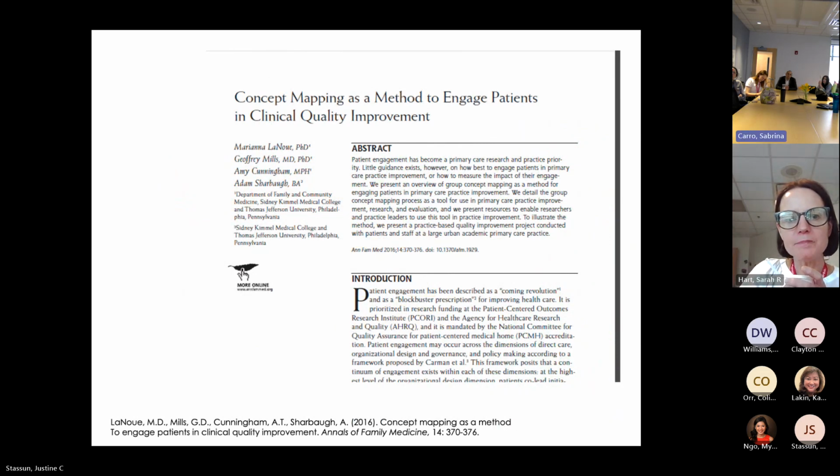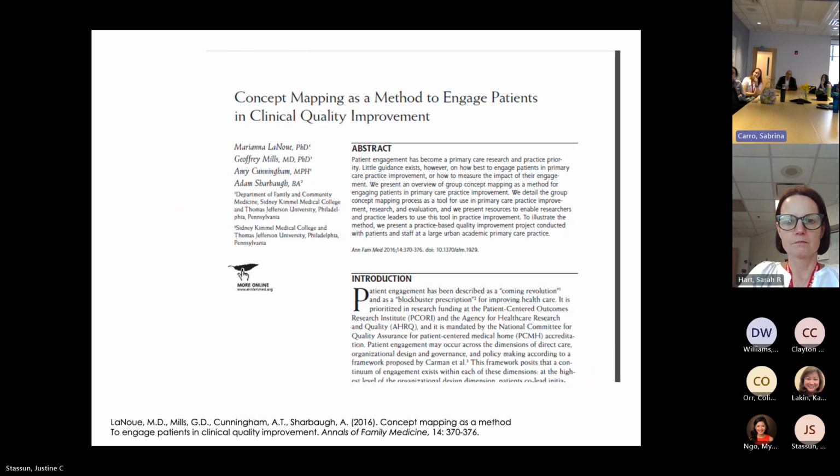So this is a paper I published a long time ago talking specifically about this project. What I was trying to do was get the people in the space that I was in, which was academic primary care, to think about using this as an engagement technique, because I continue to think that it's very engaging.